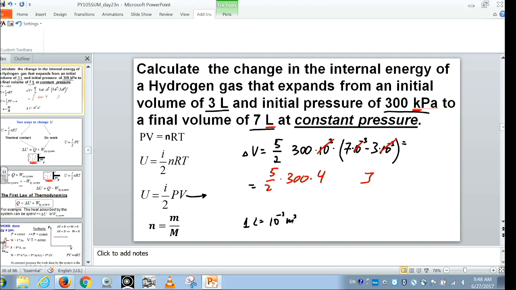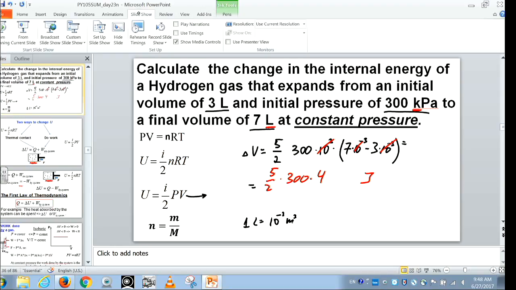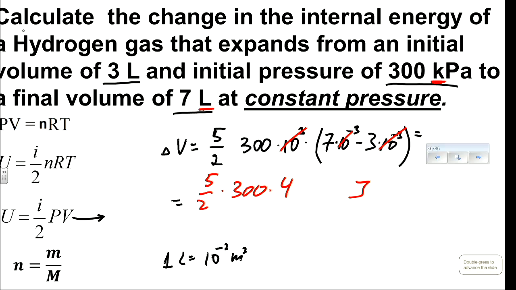Okay. So the question here is about U, internal energy.